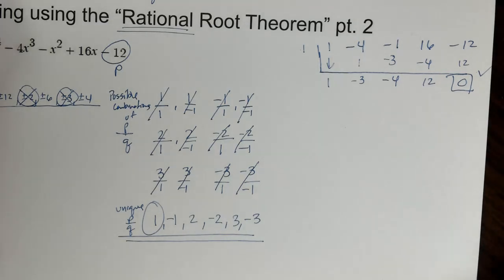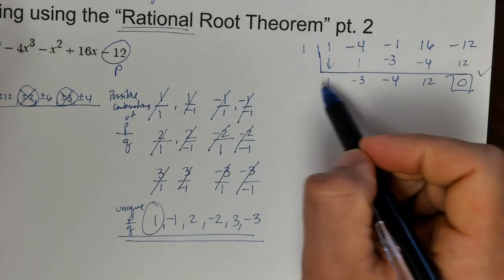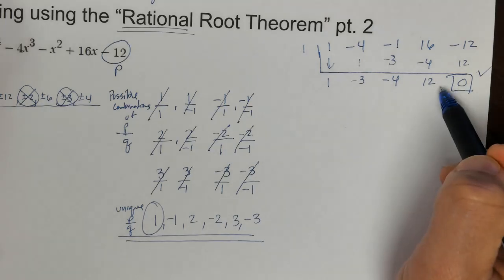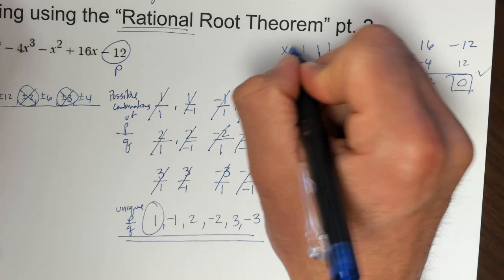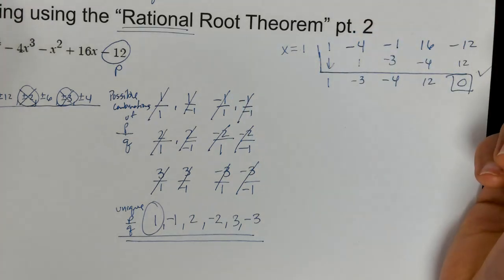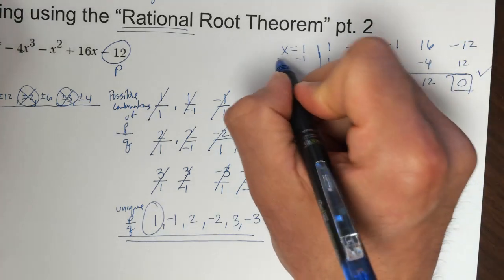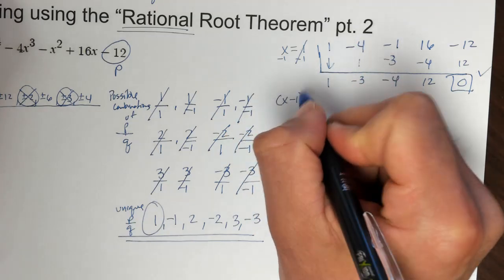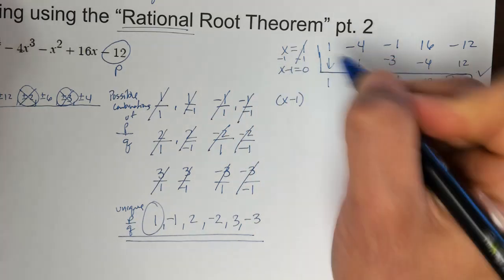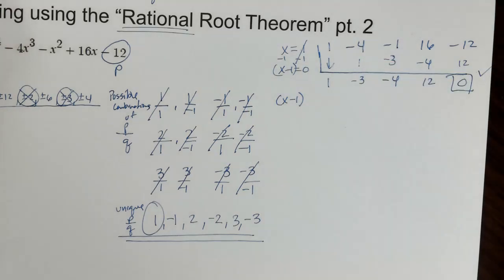What does that mean? It means that we can now write this as a factor, right? If x equals 1 as a solution, for the factored form, we would move the 1 back, and we would write the factored form as x minus 1. This is the factored form of the solution.